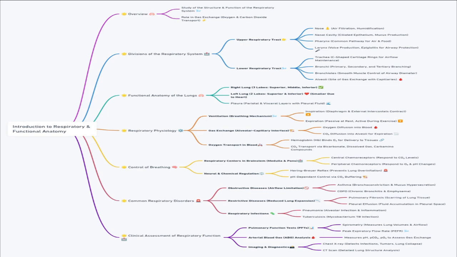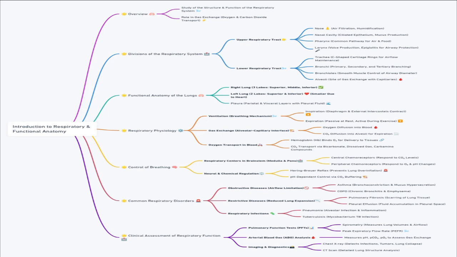With the respiratory tract, like we talked about, the nasal cavity, pharynx, larynx, trachea, bronchi, bronchioles, alveolar sacs.